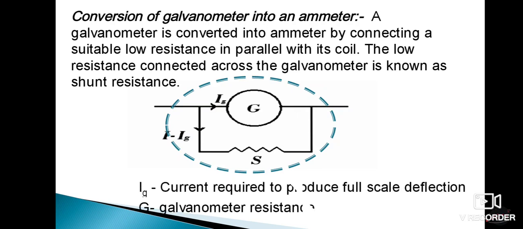Therefore, we can do the further derivation. Ig is the current required to produce full scale deflection in the galvanometer, and G is the galvanometer resistance.